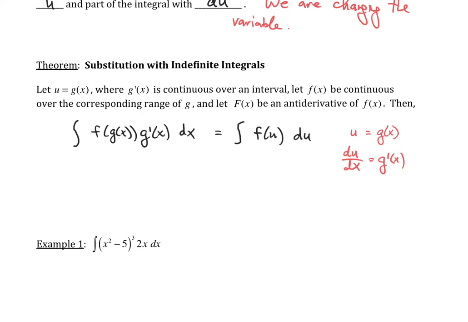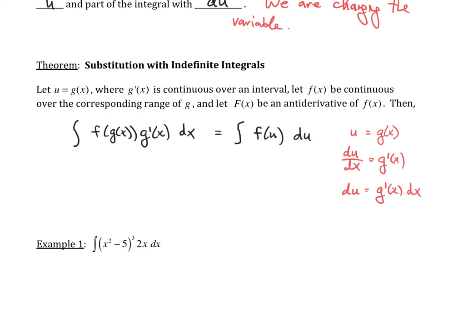And when I treat this du dx as a quotient of two differentials, I can multiply both sides by dx, and I get du equal to g prime of x dx. So now I hope you can see that the g of x has been replaced with the u, and that comes directly from my substitution. And the g prime of x dx gets replaced by du, like so.